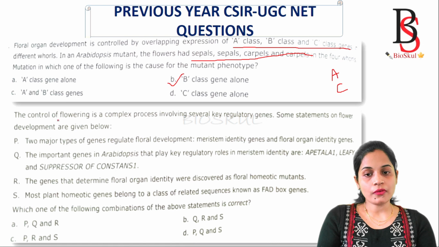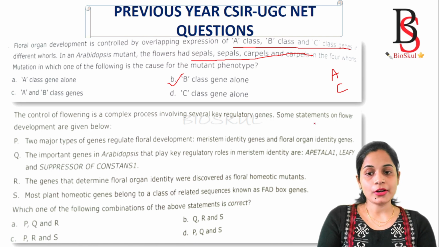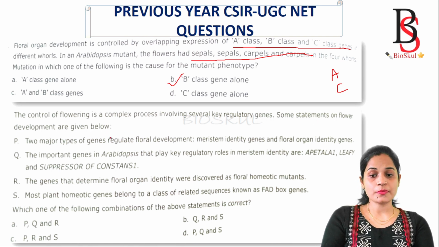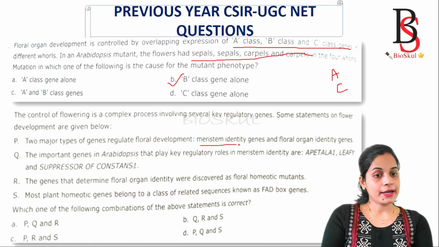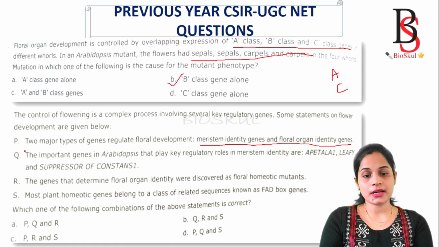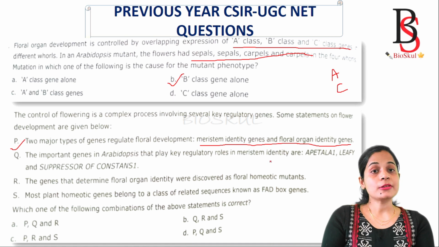The control of flowering is a complex process involving several key regulator genes. Some statements on flower development are given below. Okay, let's see what are the options. The 2 major types of genes that regulate the floral development are meristem identity genes and floral organ identity genes. Yes, that's right. The important genes in Arabidopsis that play key regulatory role in meristem identity. So what are the meristem identity genes?